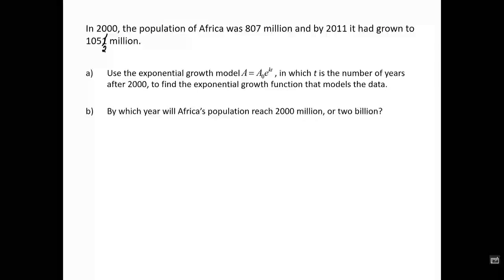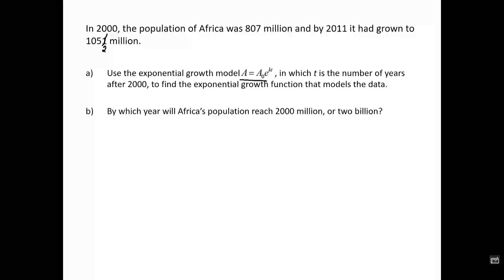Sometimes we need to use the given data to determine the rate of growth, the constant k. After we find the value of k, we can then use the given formula to make predictions.